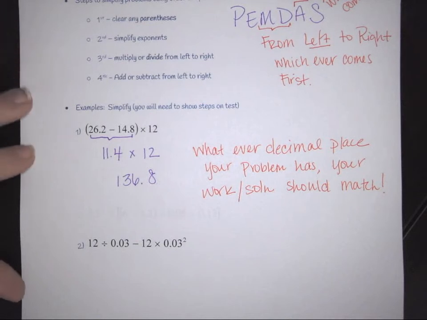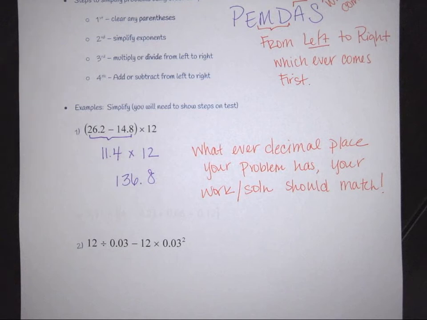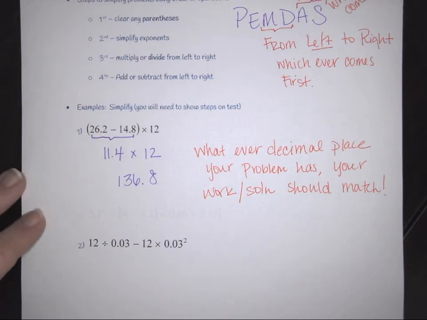In other words, if your problem has only to the tenth place, then your answer should have to the tenth place. If your problem had to the hundredth place, then your solution should have to the hundredth place, and so on and so forth. Okay? So usually after you do all of your work, the last thing you would want to do is potentially round to whatever place you've been shown.